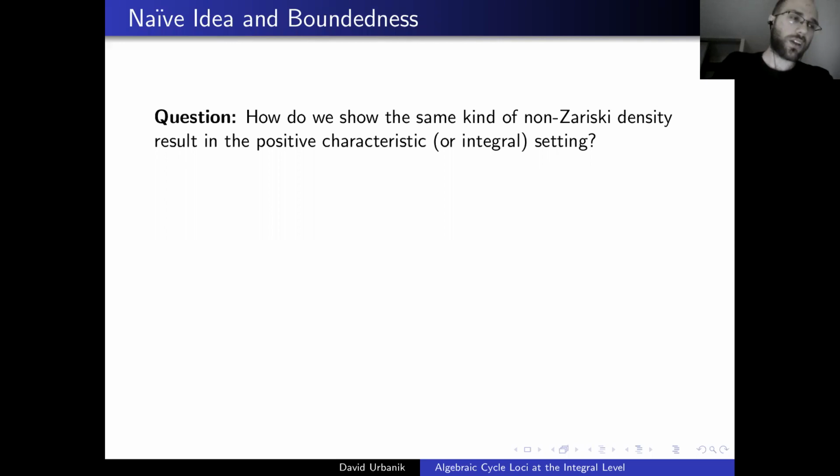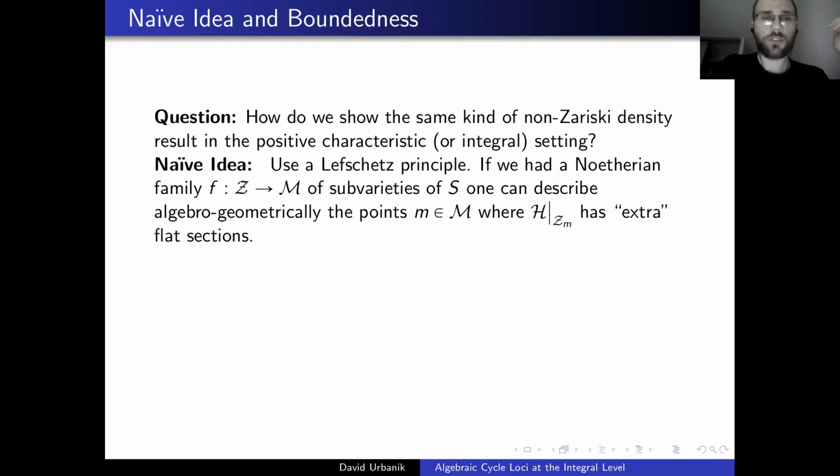Let me give you a very naive idea you might think of for trying to prove this Zariski non-density result integrally. One thing you could try to do is use a kind of Lefschetz principle. What do I mean?